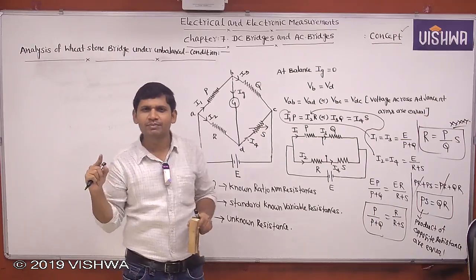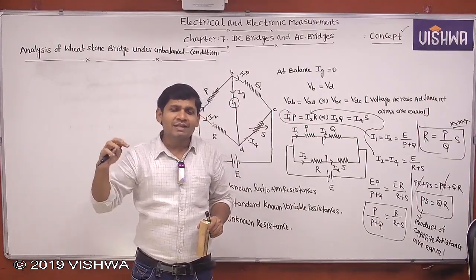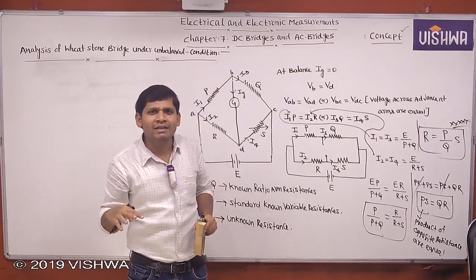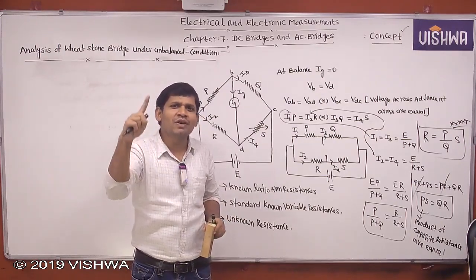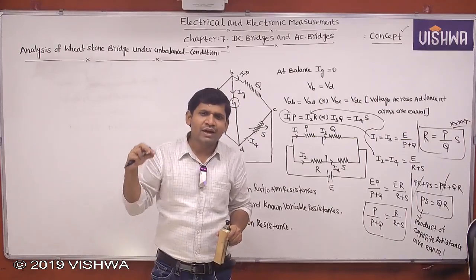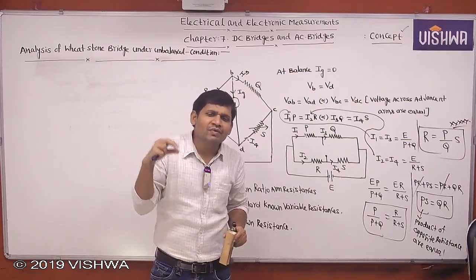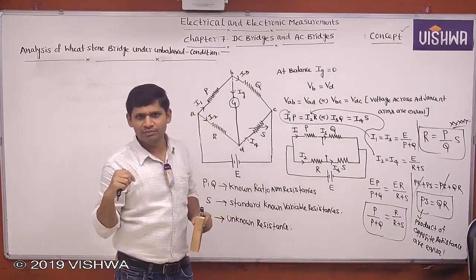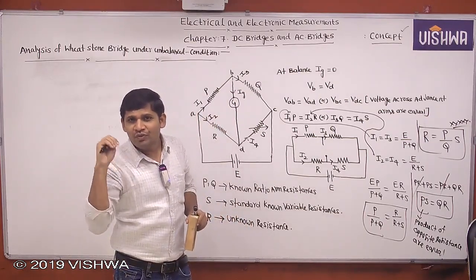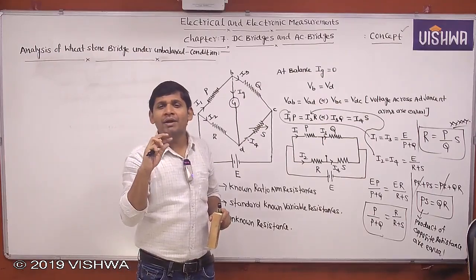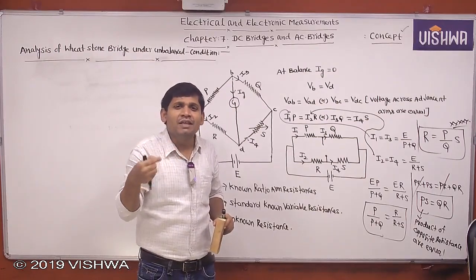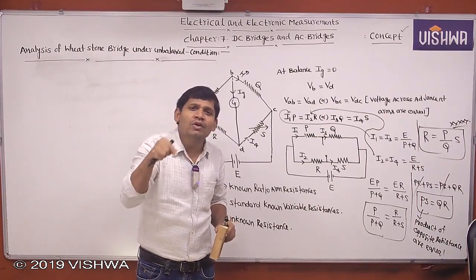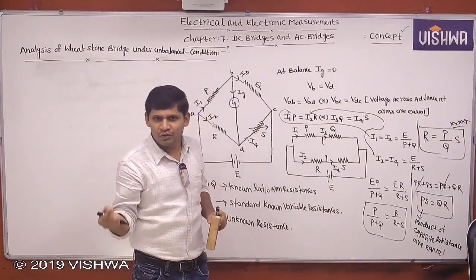In the selection of a galvanometer for any bridge, among all the characteristics, the first preference is given to sensitivity. Detectors with high sensitivity are more preferable, because under unbalanced condition even a small current must be detected; then only can you measure accurate values.